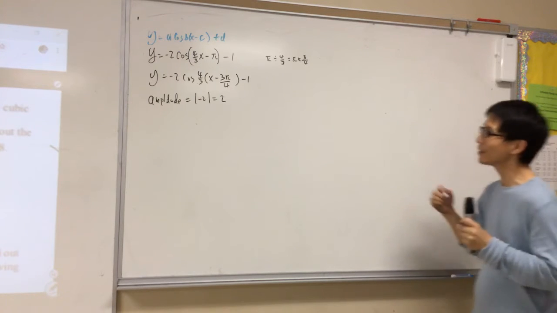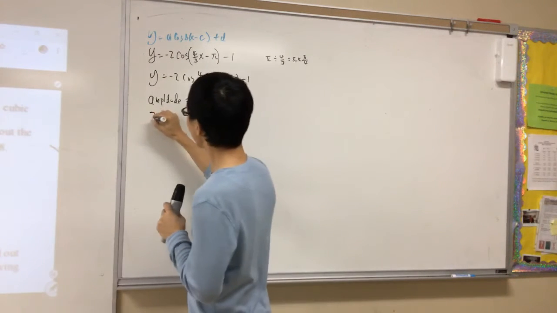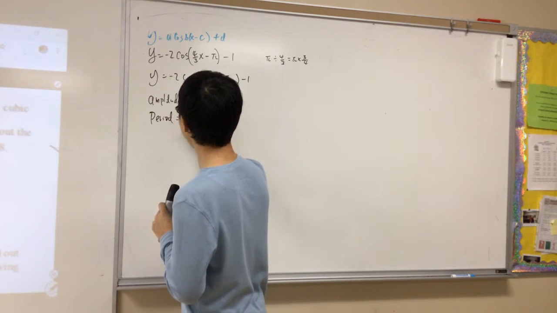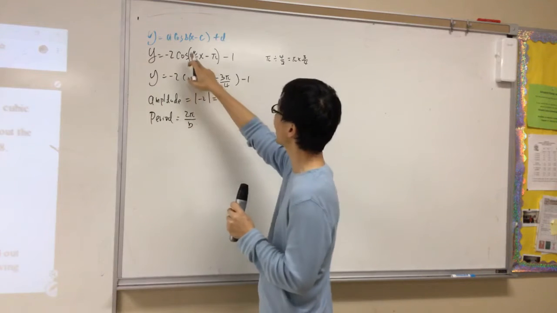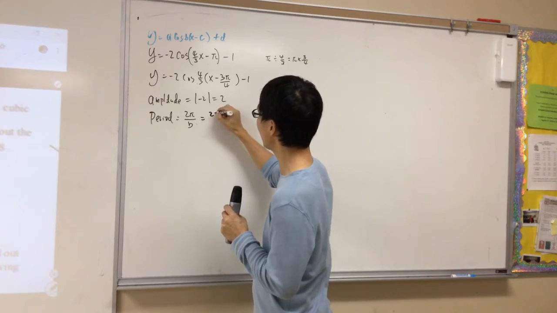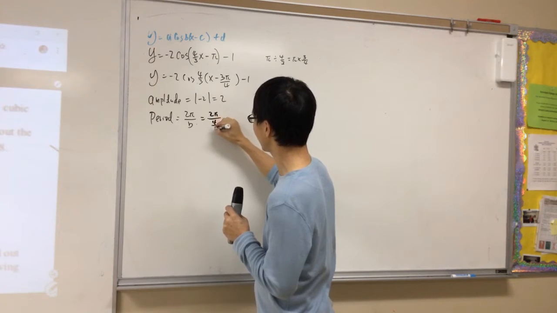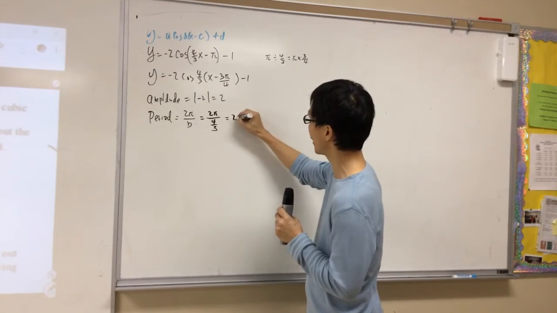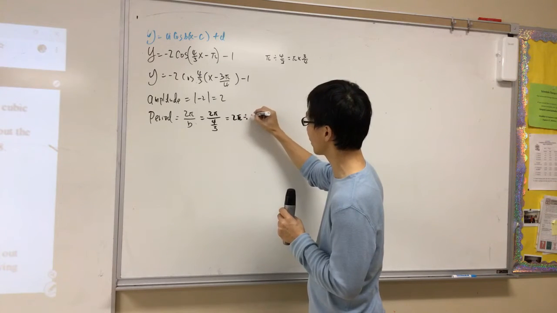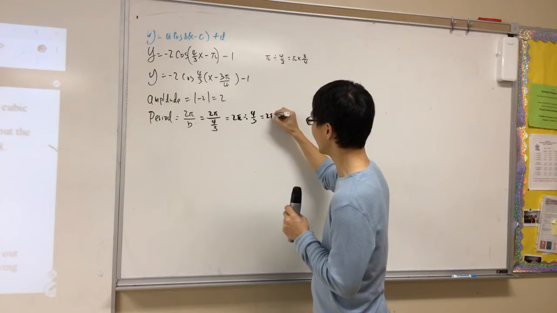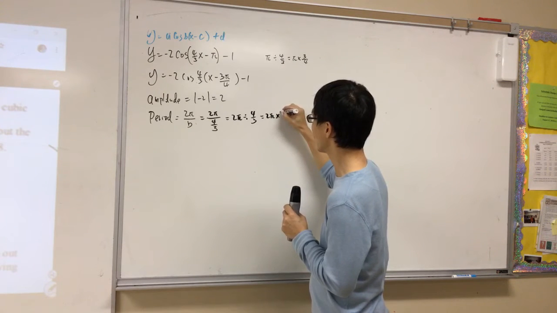Okay, so period is equal to 2 pi over b, right? You look at b. B is right here, which is 4 over 3. So it's equal to 2 pi divided by 4 over 3. I will rewrite it as 2 pi times 3 over 4.